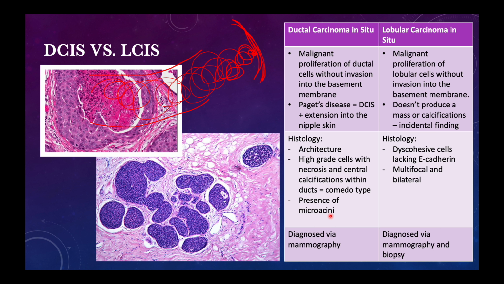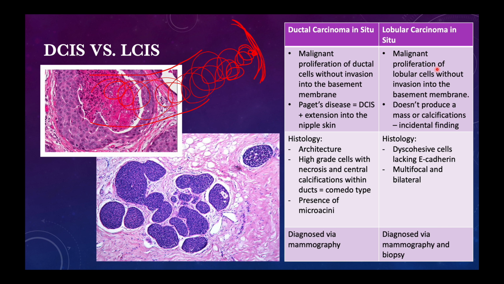And these ones can present as a mass. And so these can be present in physical examination, or we can palpate it in physical examination. But a confirmed diagnosis is usually done via mammography. On the other hand, lobular carcinoma in situ is malignant proliferation of the cells of the lobules, and it does not invade the basement membrane.